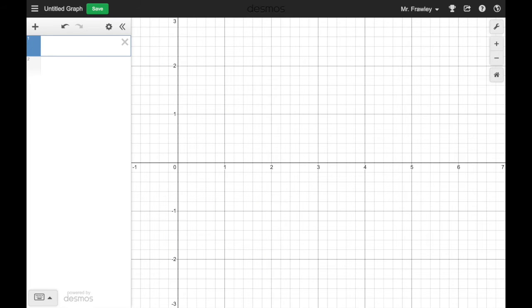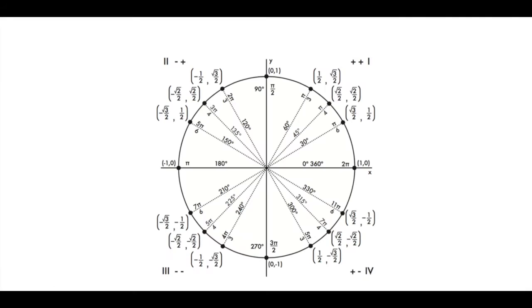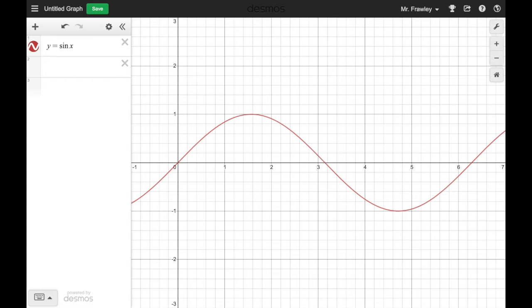When we graph a sine function, the input, or x value, is the degree measure of the particular angle, and here we'll be using radians pretty often, and the output, the y, is the corresponding sine value for that angle.